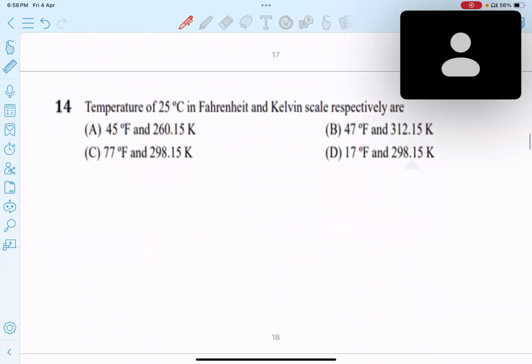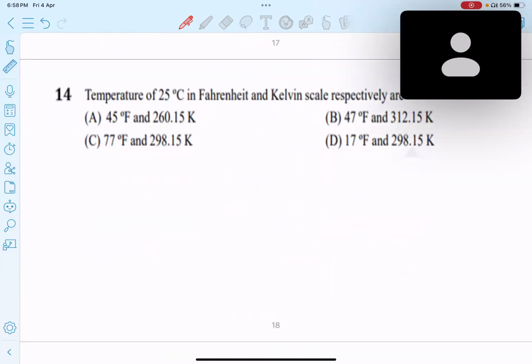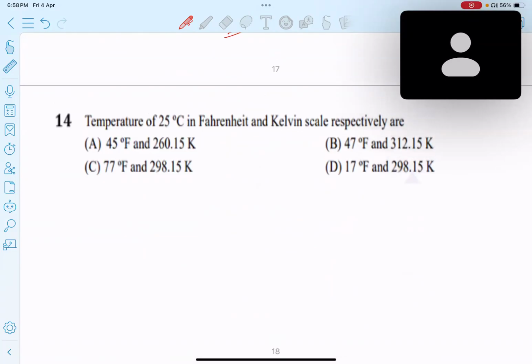Next, question number 40. The temperature of 25 degrees Celsius in Fahrenheit and Kelvin scale respectively are. The relationship between degree Celsius and Kelvin is Kelvin is equal to 273.15 plus degree Celsius.